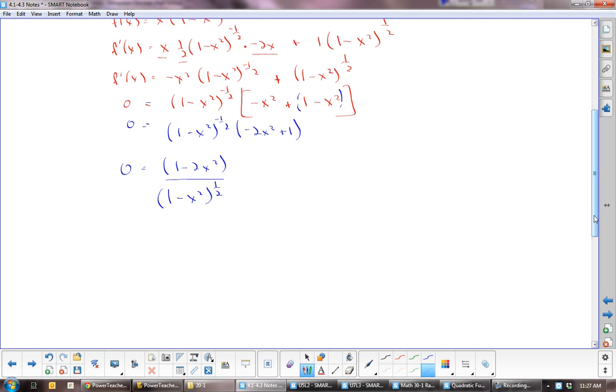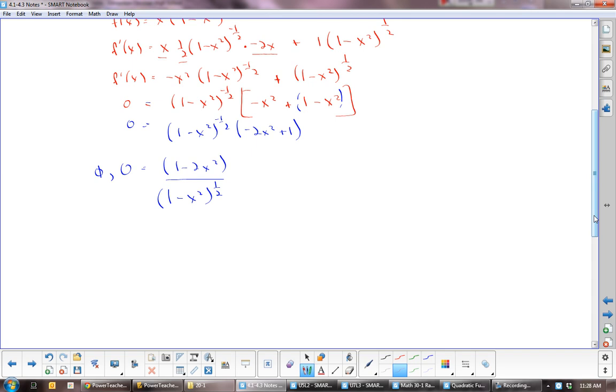Okay. Critical values. Is 0 bad? 0 would be okay. The 0 might be a little bit misleading here. If you're not good at figuring this out, then you just say, well, if the top equals 0, that's a critical value, right?